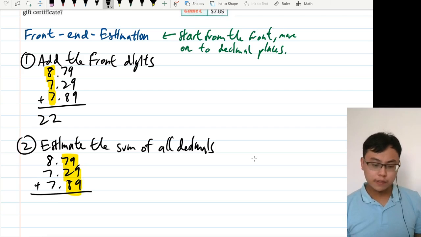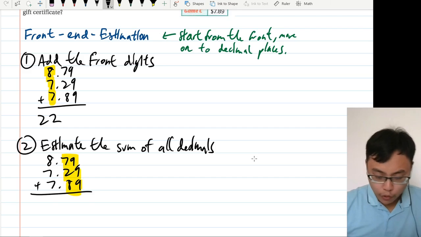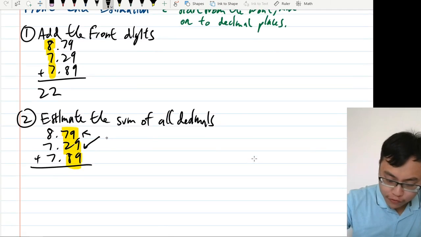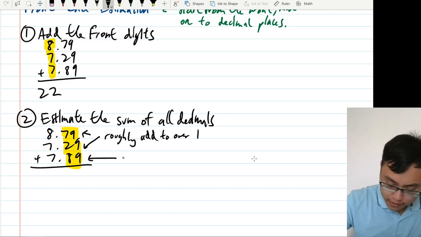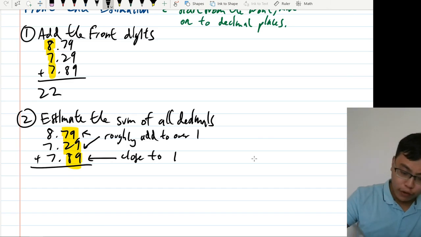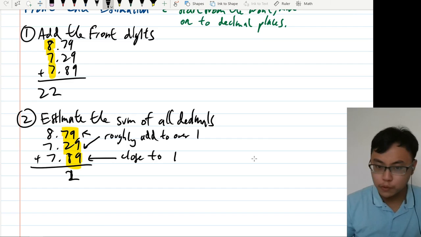If we look at 0.79, 0.29, and 0.89, we can see that these two roughly add to over 1, and then this is close to 1, which means that when you add all 3 together, it's approximately 2. So there's 1 plus 1, which is 2.